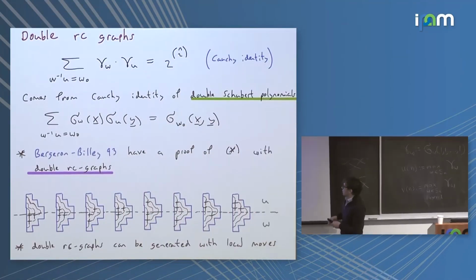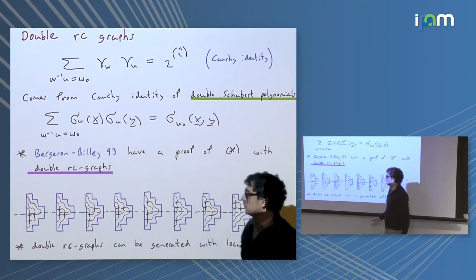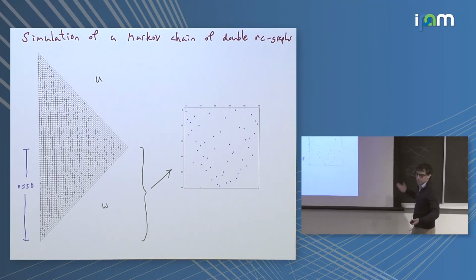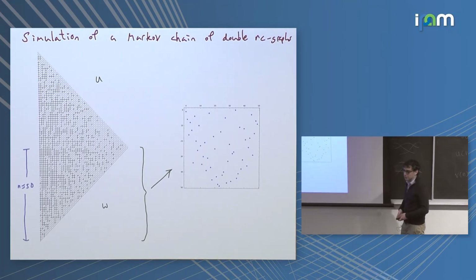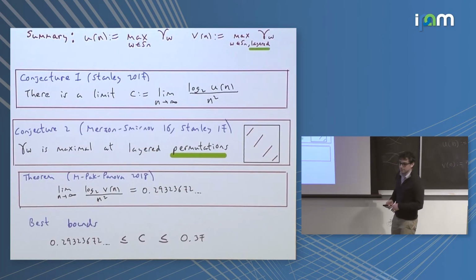And here, the question is, what W maximizes this sum? We're unclear what it is, but there seems to be some different pattern, though it's not clear. Okay, so just a summary of the bounds, and yeah, thank you very much.